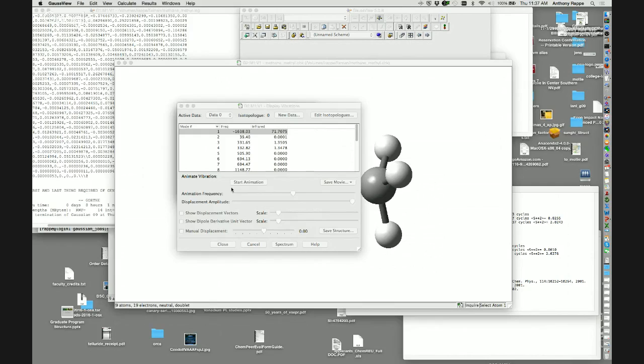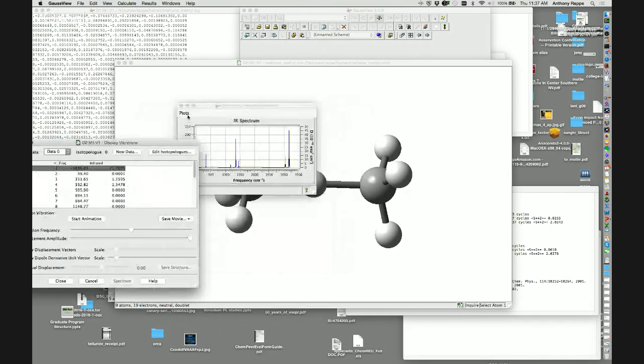This really should be imaginary, but how do you write that imaginary? The vibrational frequency is negative 1638. The next mode is really tiny, and then we have these other vibrations. We didn't show vibrations yesterday, but we can show them today.